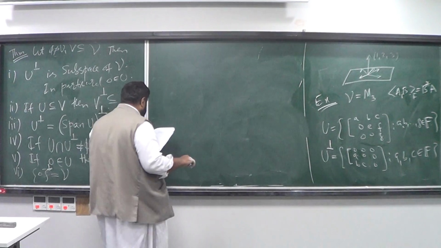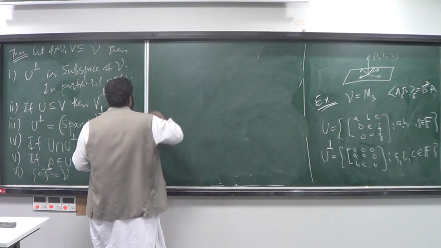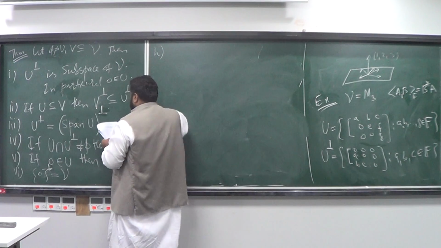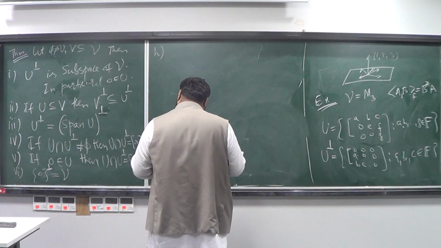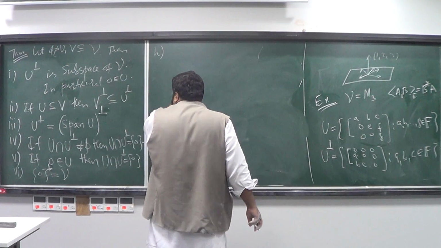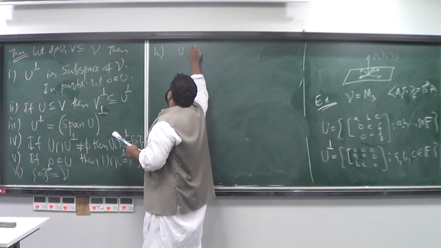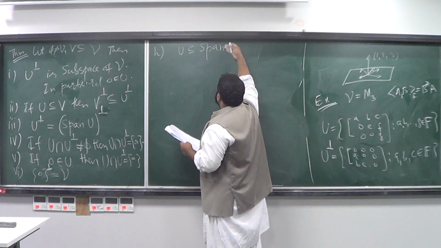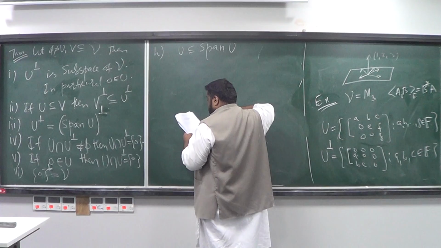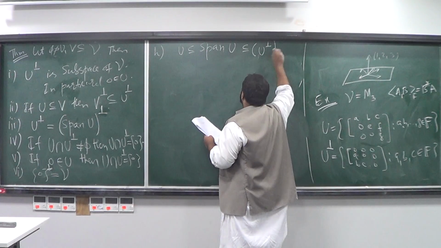And another interesting property is that U is a subset of span of U. So U is always a subset of the span of U, and the span of U is always a subset of U perp of the perp actually.